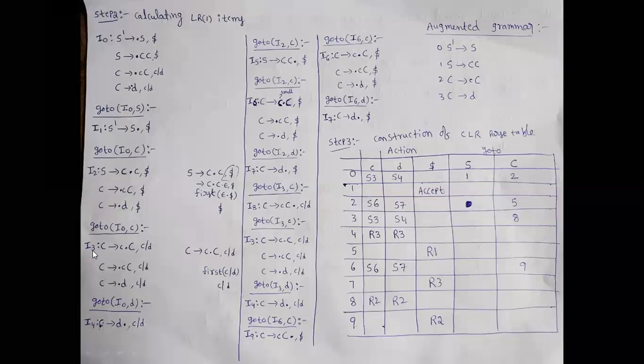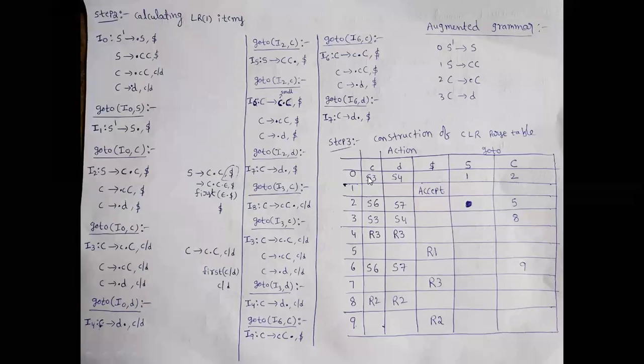we get I3. In I3 state, on terminals we perform either shift operation or reduce operation. So we perform shift operation on terminals, and we perform reduce operation on final items. Here small c is a terminal, so we perform shift operation, S3.